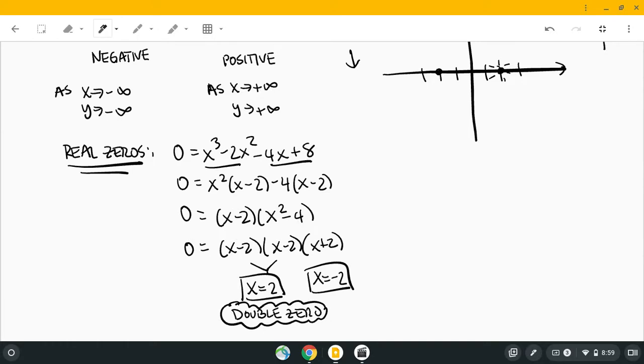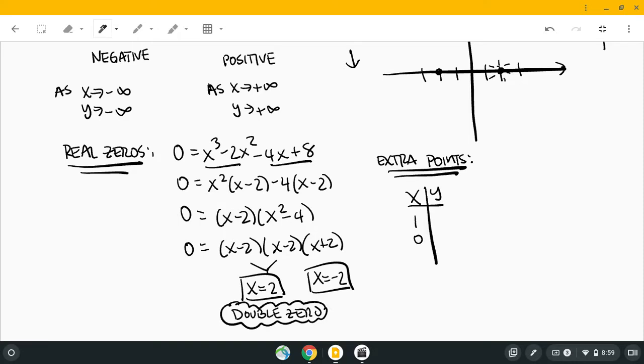We need some extra points. We need to go in between here. How about all three of these? Let's do 1, 0, and negative 1.